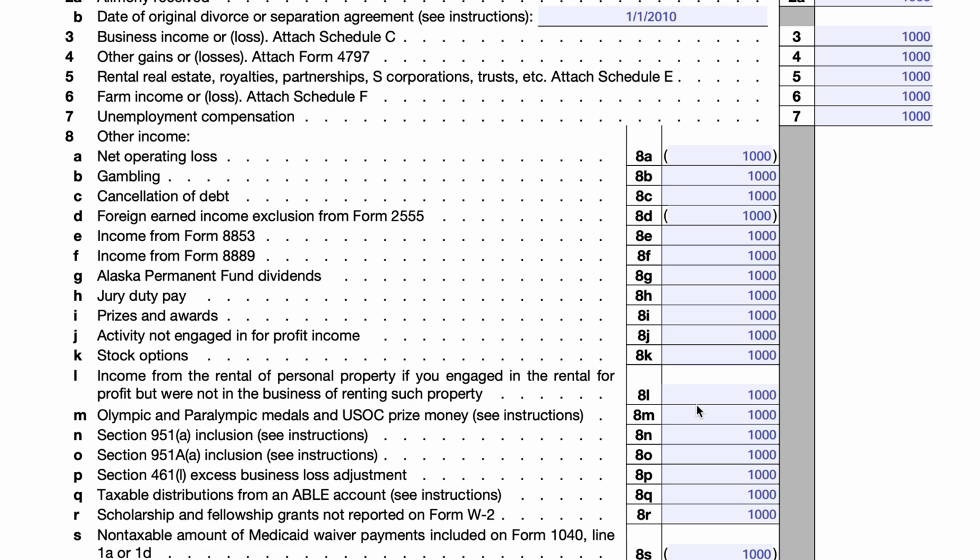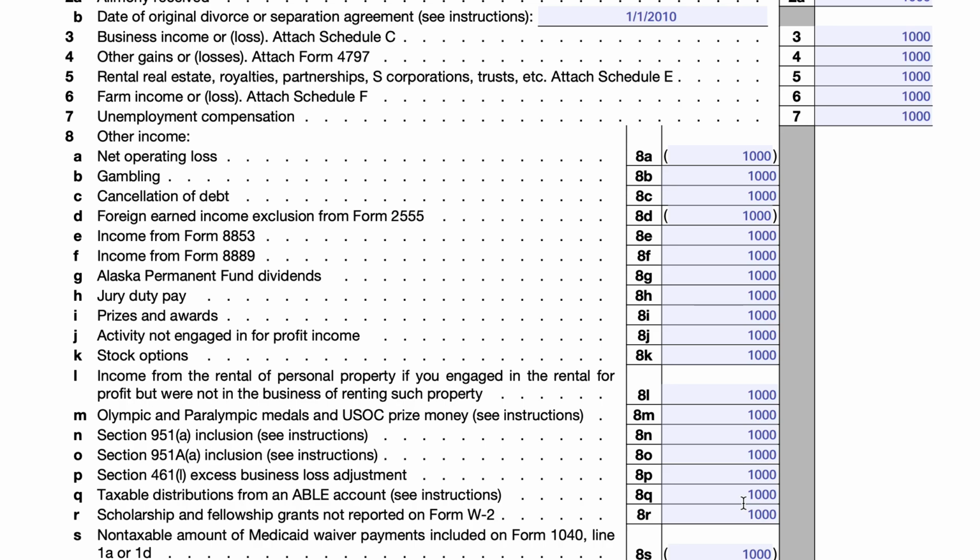Internal Revenue Code 461(l), Excess Business Loss Adjustment. You would be completing a Form 461 to report that. And then that's the number you would put here. Taxable distributions from an ABLE account.